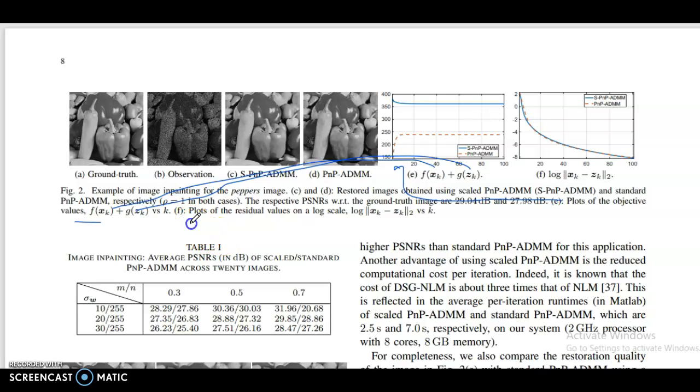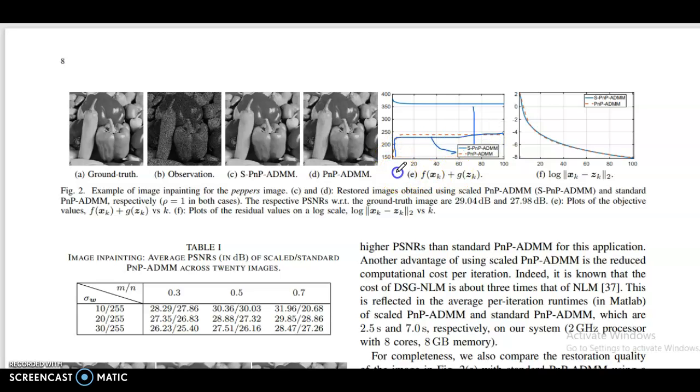This figure also plots the residual values on a log scale, the norm of xk minus zk versus k. Here this is for scaled PnP-ADMM.